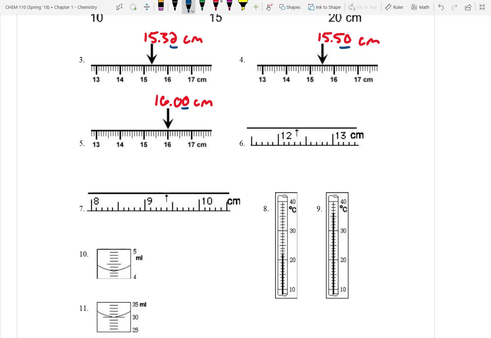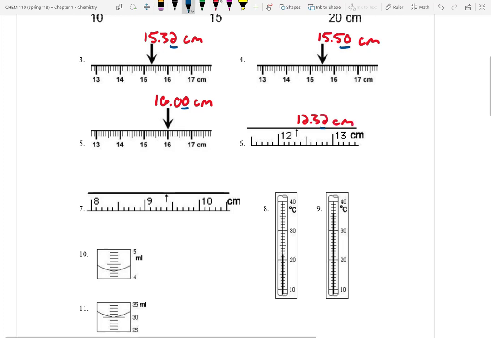All right, what about number 6? Looks like we've got 12.3 something, and then we want to estimate the last digit, maybe 5 or 2 or something like that. So I'll just estimate it as 12.32 centimeters.